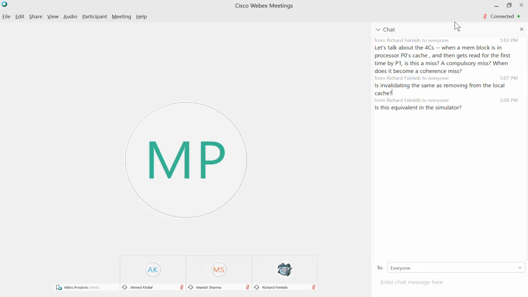In the simulator, it's not equivalent to this. So the problem with marking the block as removed is that real hardware will check whether it has a hit on the block by checking whether the tag matches and also whether the state allows the particular access to happen.